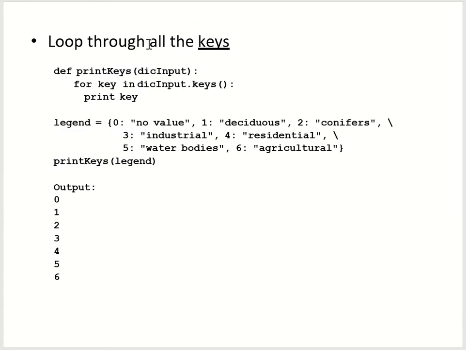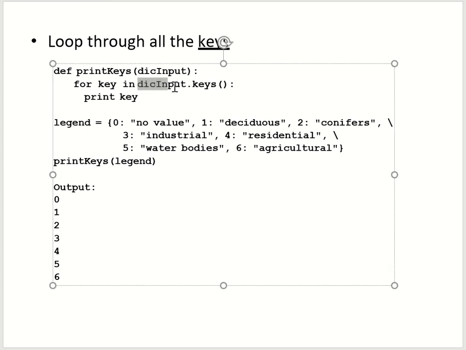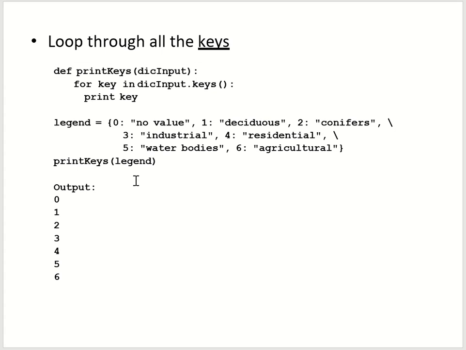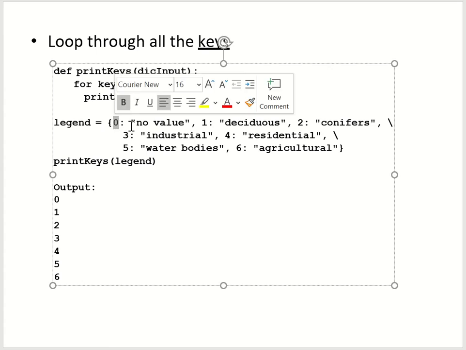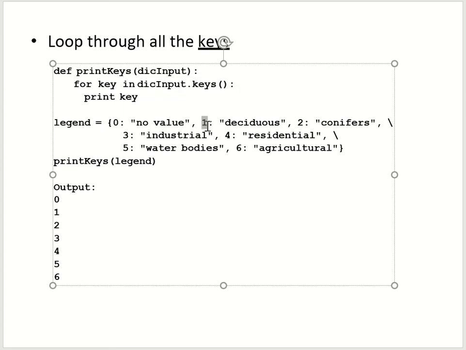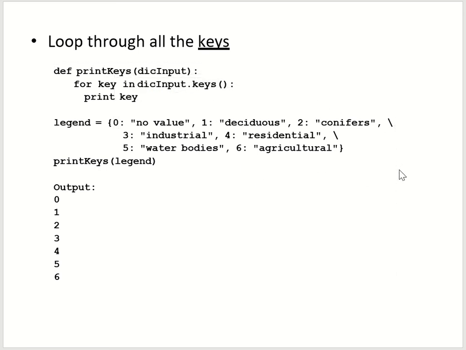You could then loop through keys. For key in the name of the dictionary .keys, print the key. So here, if you had legend information for land use, land cover types, with numerical values that could be represented in a matrix, the keys are numbers, values are strings.